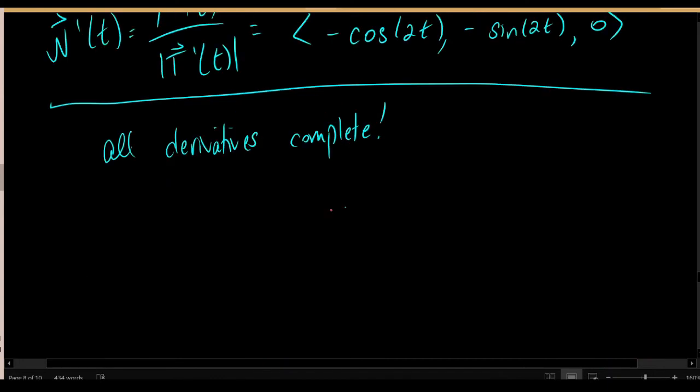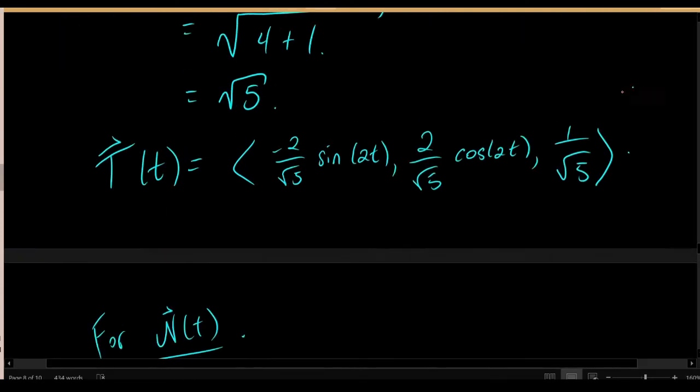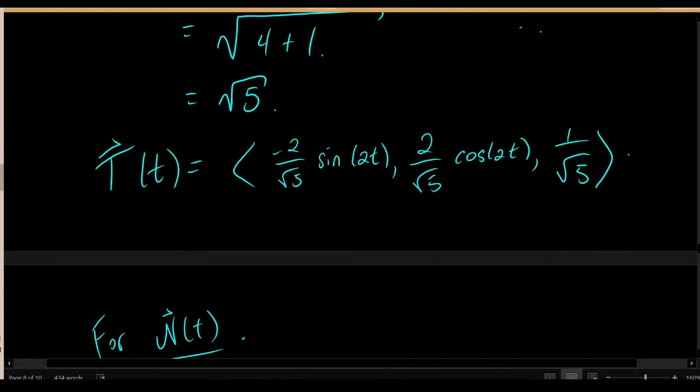And finally, it is completely safe to go through and plug in t equals 0 to find the specific unit tangent and unit normal vectors at the given time. Scrolling back up, we have T of t is equal to sine, cos. So when t is 0, the sine will zero out and the cos will become 1.